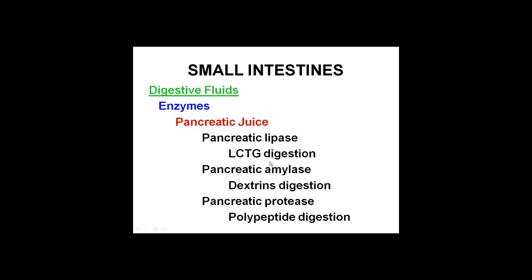Amylase, this is a different amylase, obviously, because we're down to dextrins, so it's going to start breaking down the dextrins into basically disaccharides there. And then the polypeptides that left the stomach are going to be broken down into smaller peptides, if you will.